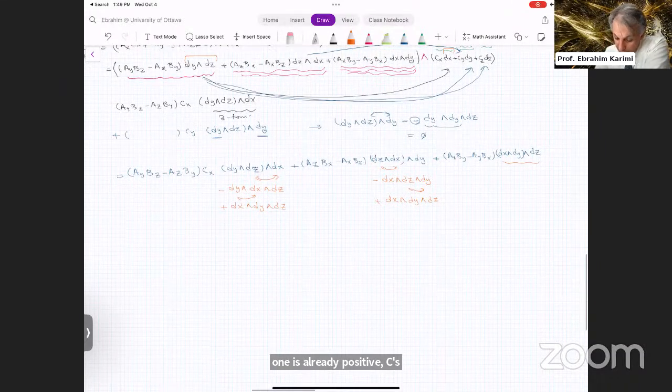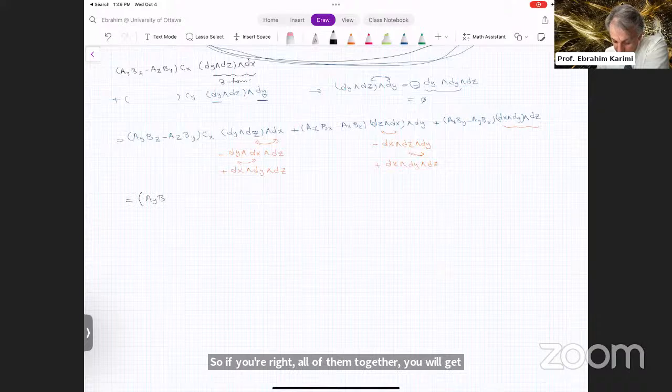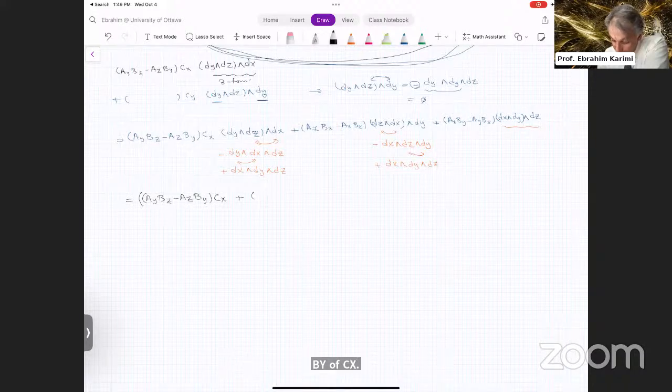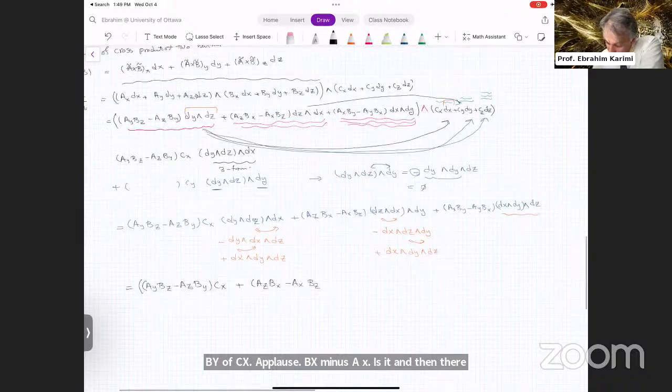So if you write all of them together, you will get only one term, which is (AY BZ minus AZ BY) of CX plus (AZ BX minus AX BZ). And then there was another term here. Oh, I have forgotten that. My apologies. That should be CY.